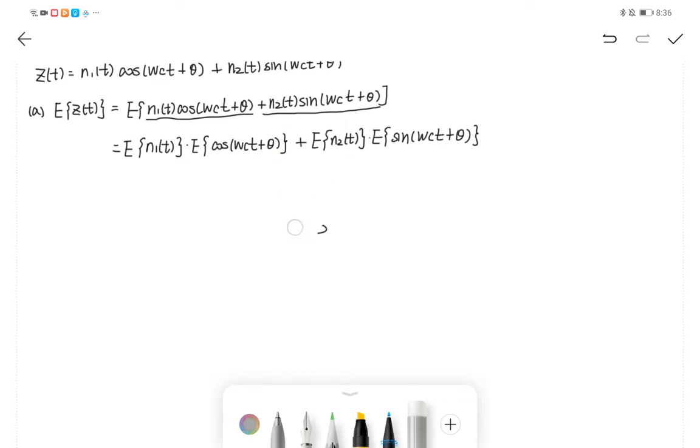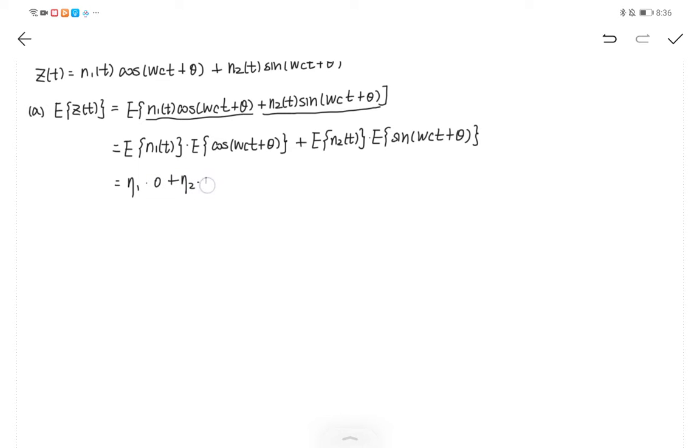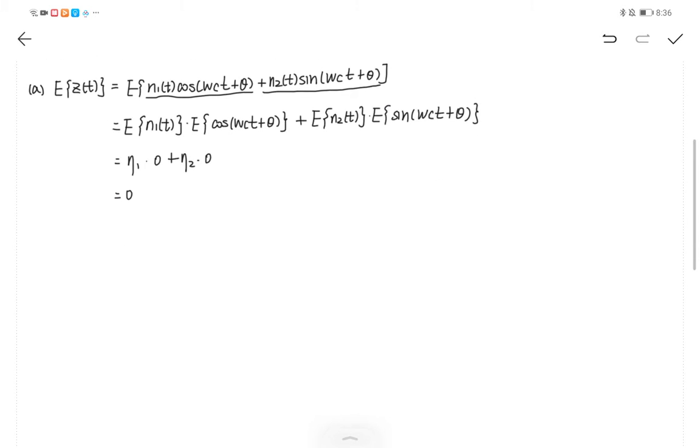So it equals eta 1 multiplied by 0 plus eta 2 multiplied by 0. So the expectation of Z(t) is 0.